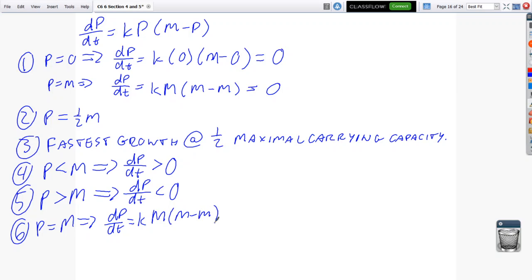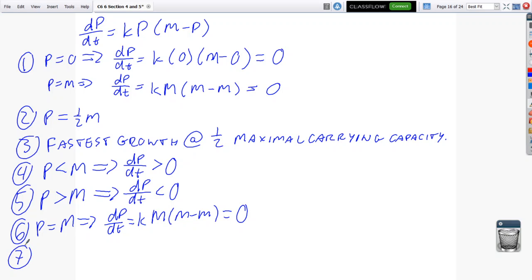It feels like we already said this before. Look at that. If p equals m, then your rate of growth is equal to 0. So if you're at the maximal carrying capacity, you can just support that number of items in that population, whatever the items are, whether it's deer, bunnies, bears, whatever.